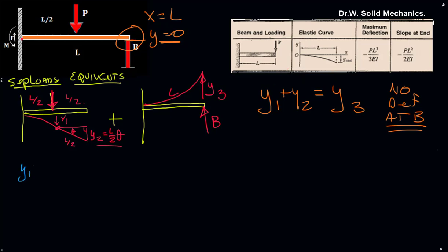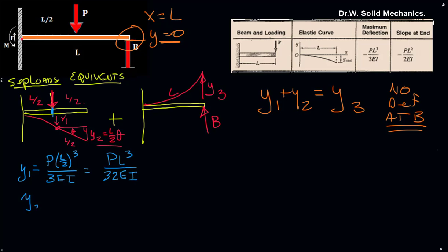So y1 will be P L on 2 cubed over 3EI. Where here we're treating this as a short beam and we're just bending it down. And that reduces to PL cubed over 32EI.